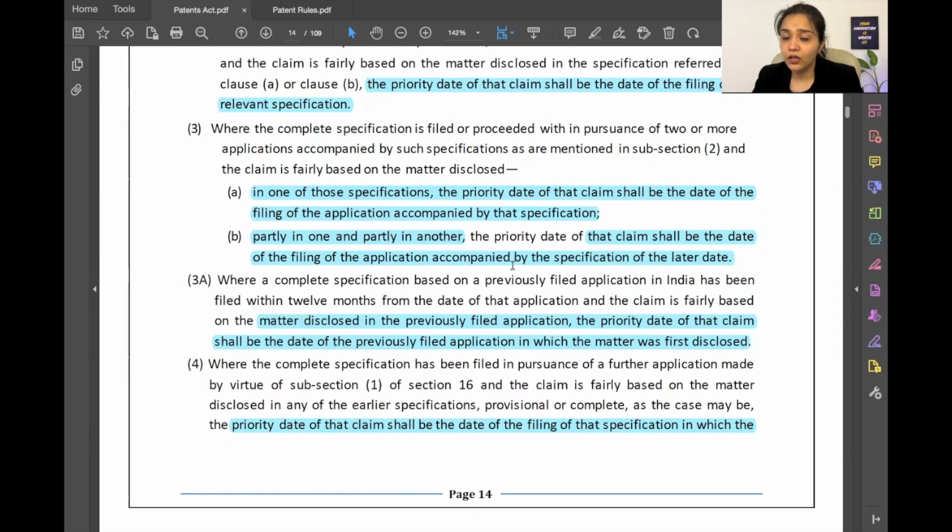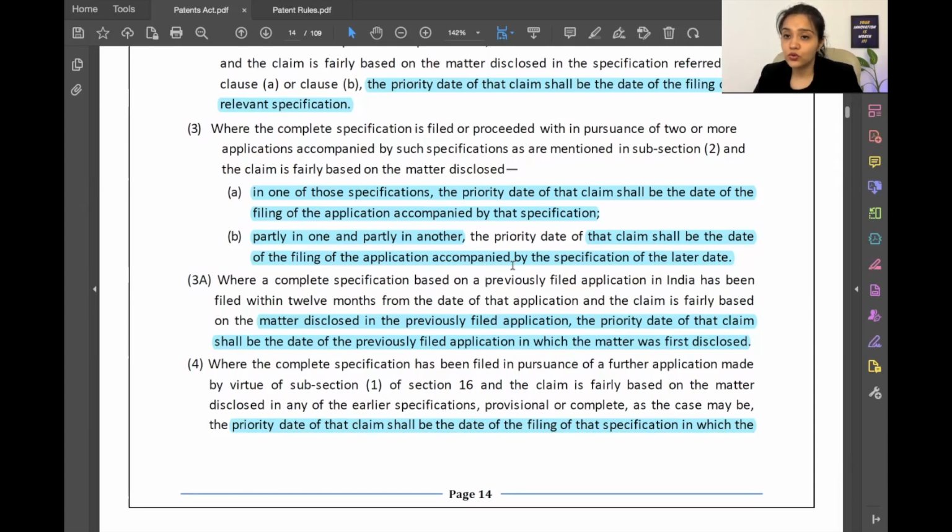If the subject matter of that claim was disclosed in the application which was filed on 1st April 2023, then the priority date of that claim would be considered as 1st April 2023. So whenever the subject matter was disclosed for the first time, that date would be considered as priority date.